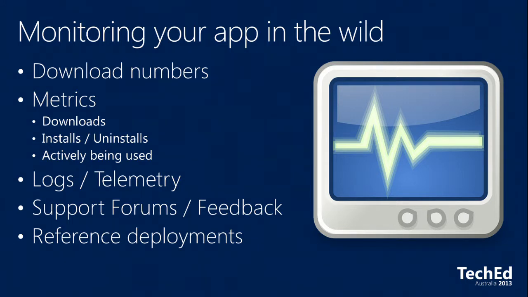Okay, Office 365 doesn't get patched overnight at the same time. They roll it around the world. Okay, so Nintex maintains 4 different accounts in different regions, so that we can see patterns. When stuff's rolled out, we can see whether or not our app has a problem as it's rolling out around the world, and then we can react to it, because we don't get any forward notification that there's a patch coming through. So reference deployments can be a very useful thing if you've got that app out there in the wild.